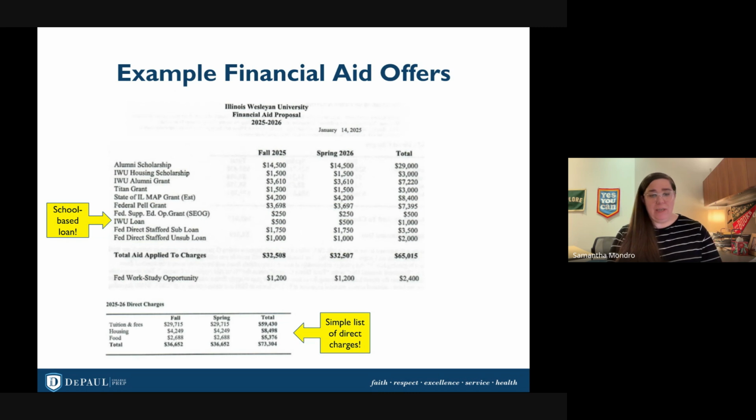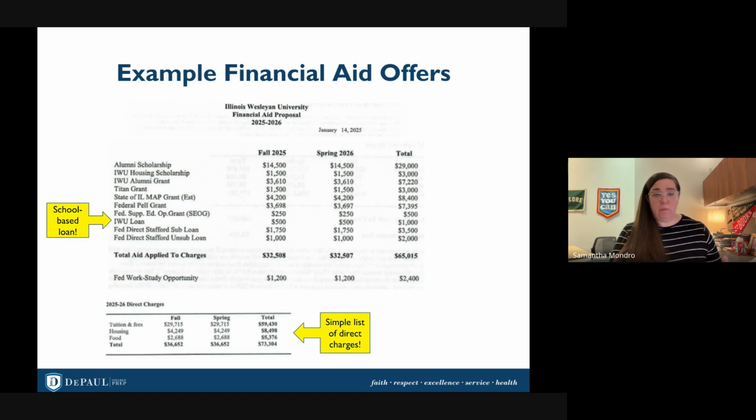I am also noting here that you will see an IWU loan. Some colleges can offer loans through their schools themselves. I would ask the school a clarifying question about what the terms of that loan are, just like when you're considering your federal loans.